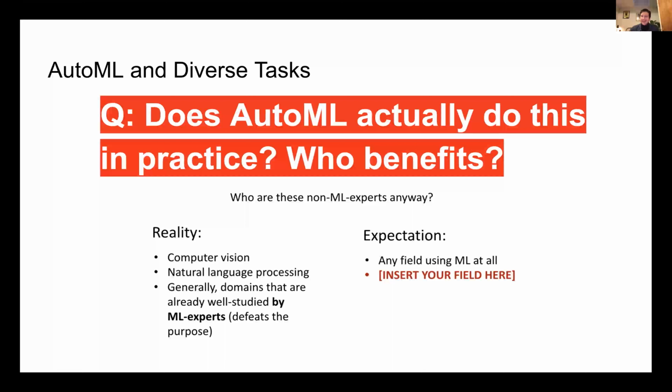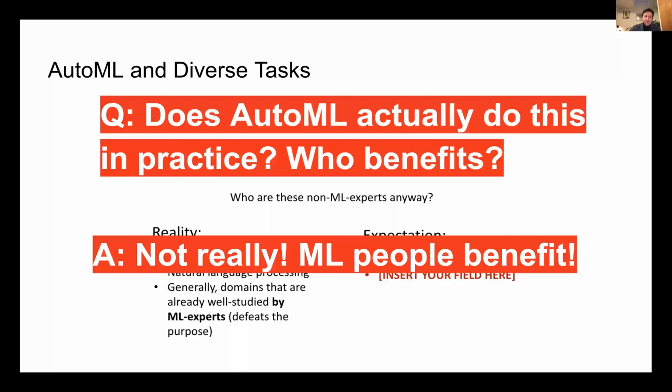So this person in this lab should be able to download an AutoML package and it should just work for them, or at least give them a reasonable solution that works well enough until someone else comes along who has more machine learning knowledge and can design something. The answer to this is that not exactly.